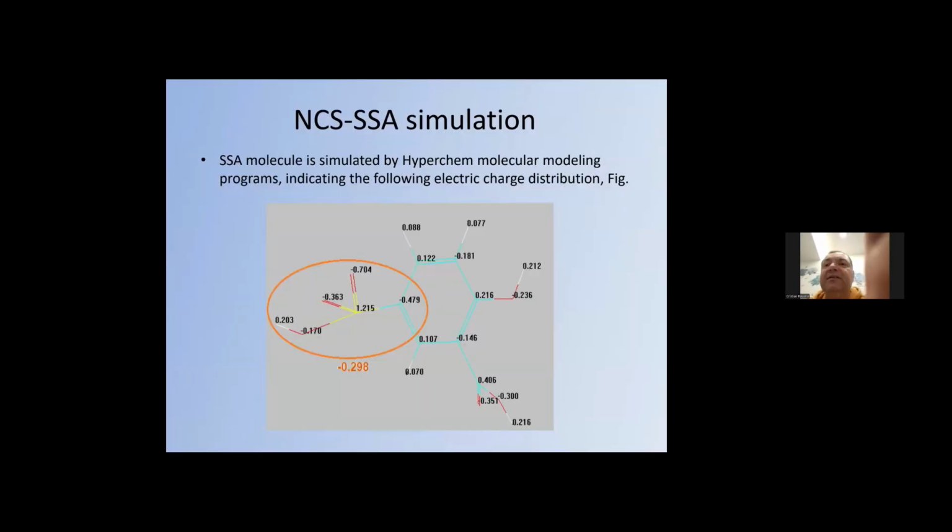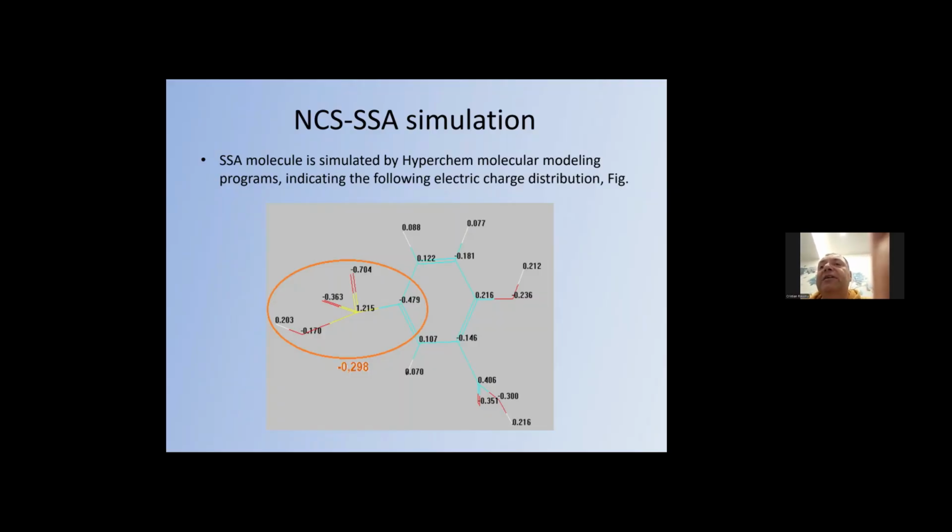Here is the first proof of the behavior of SSA as an N-type material. The molecule was simulated by the HyperChem molecular modeling program, and it indicates the electric charge distribution. All the values present in these pictures are normalized to the electron concentration.